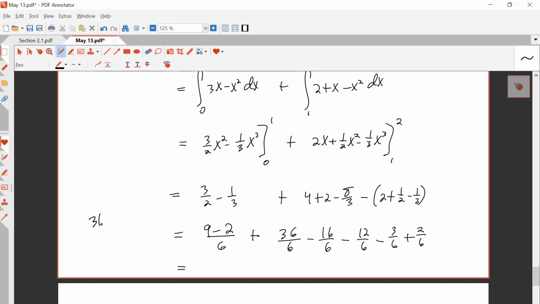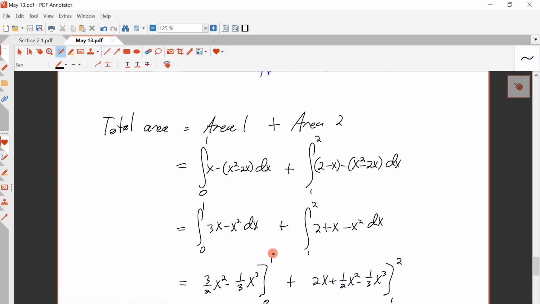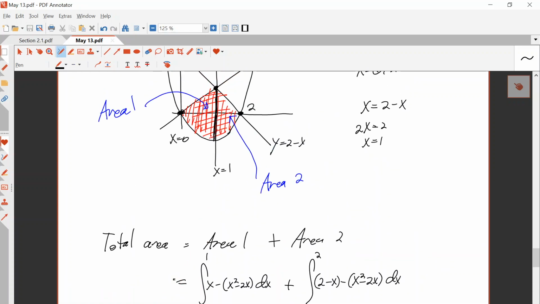Sorry. Minus 31. The pluses are 38 plus 7, 45. So that's 16 over 6, which is 8/3. Okay? So that area is 8/3. And it's coming out positive like it should. Okay? It will always be positive, the answer for that. These types of area questions.